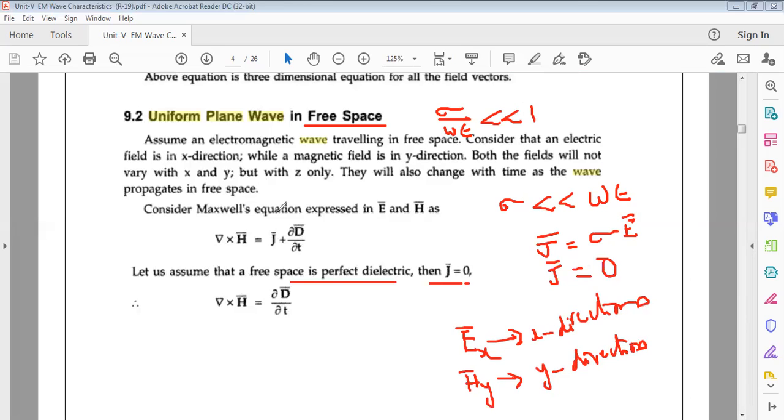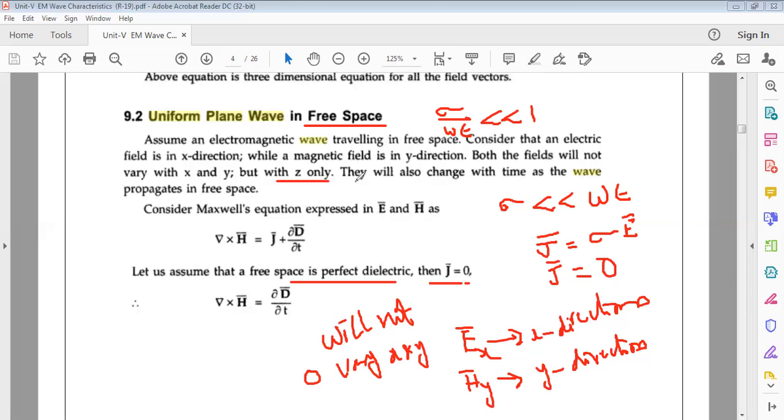In this uniform plane wave in free space, both the fields will not vary with respect to x and y. With respect to y, we can apply the derivative with respect to x or the derivative with respect to y for each. Both the fields, electric field and magnetic field, are not varying, means zero. It varies with respect to the z only.